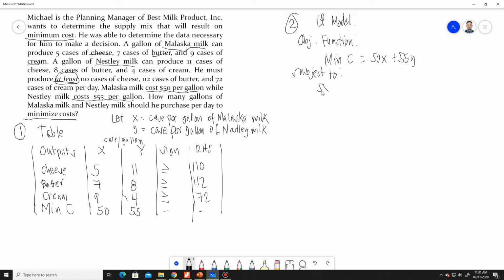For cheese, for butter, and for cream, and both products x and y are greater than or equal to 0.